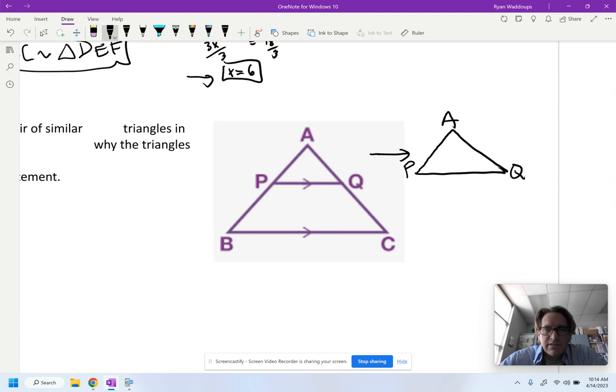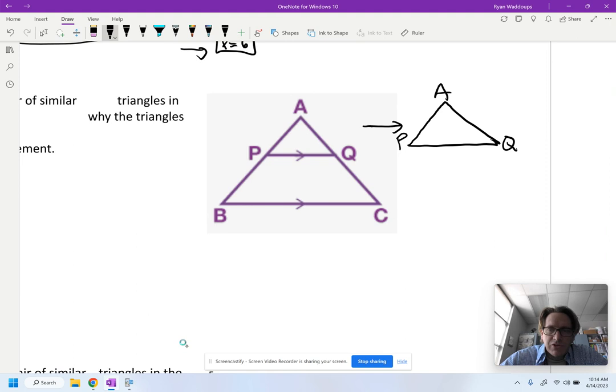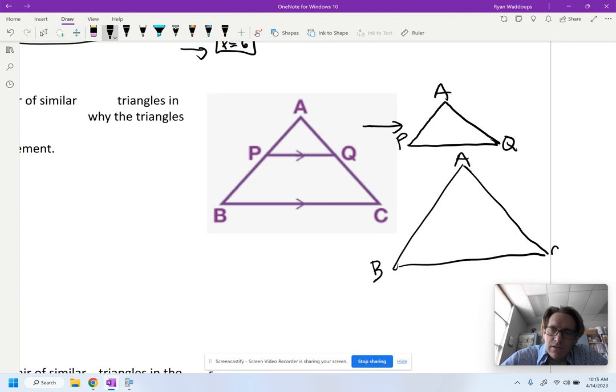You can just kind of separate that out. It's that top part of this little pyramid thing. And then the other triangle would be A, B, C, the larger triangle.